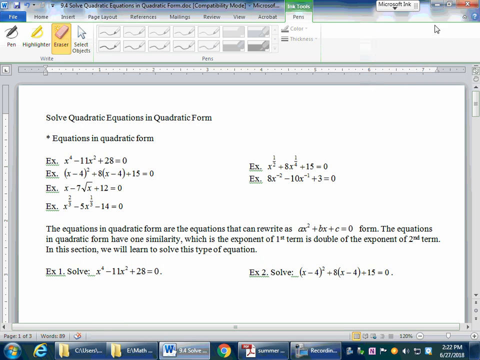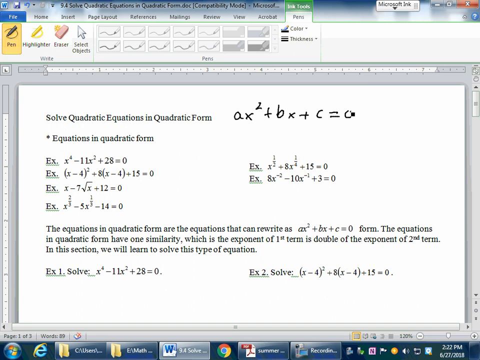9.4. Solving quadratic equations in quadratic form. So what does it mean by equations in quadratic form? Quadratic equations, we know, are in the form ax squared plus bx plus c equals 0.